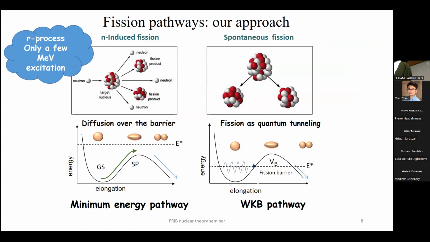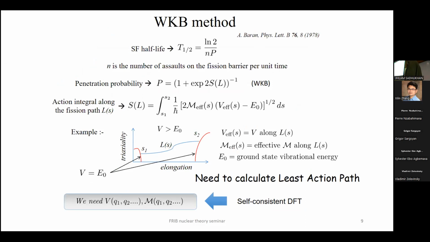So here we calculate the tunneling probability using the WKB pathway. And in the case of induced fission, the total excitation is quite low, so we can calculate the minimum energy pathway to get the final value. Now I will tell more about this WKB pathway and how it is actually done.